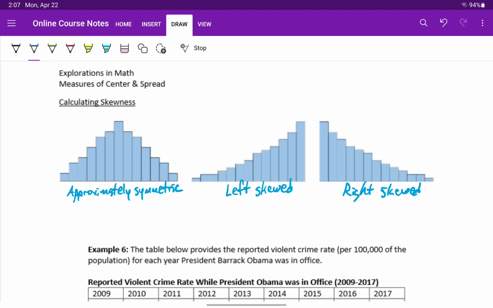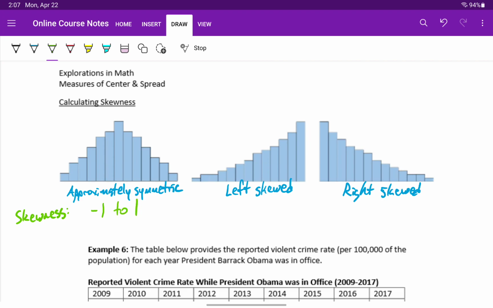What we'll look at in our last two examples is calculating a numerical value for skewness, which comes in handy for verifying our conclusions, or when we have smaller data sets and we can't necessarily see these patterns very well. So if we calculate our value for skewness, one option is that we'll get a value between -1 and 1.